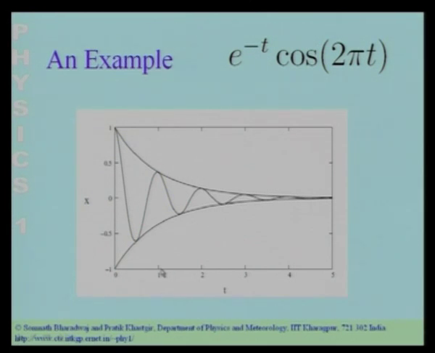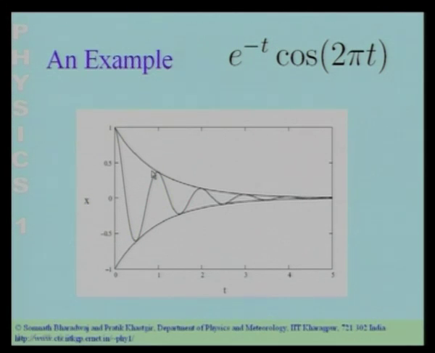So, we also have to look at the amplitude of the oscillation at t equal to 1. You have to take the ratio of the amplitude here divided by the amplitude after one time period. This is very useful if you are observing an oscillation. You have to record the amplitude and then record it again after one time period, and find the ratio of these two. In this case, the amplitude falls as e to the power minus t.